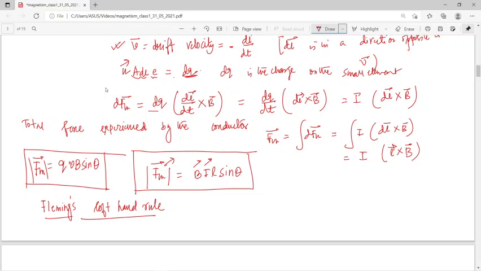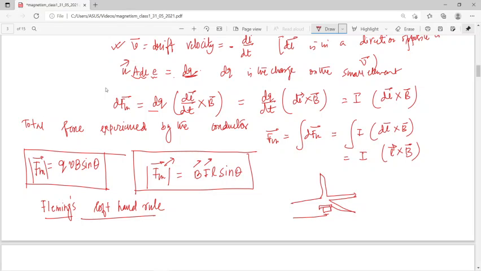Stretch the left hand such that, if this is the left hand, and this is the finger like that, and the rest of the two are like that.